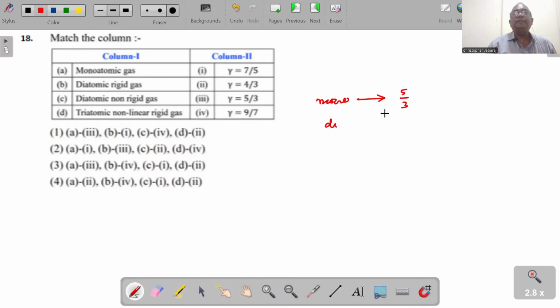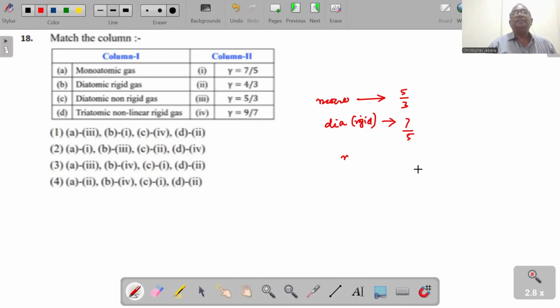Diatomic, rigid என்ற ஒரு word யூஸ் பண்றாங்க. Rigid is nothing but normal diatomic. It won't have vibration motion. So the answer is 7 by 5.